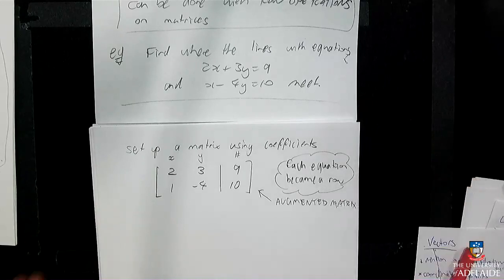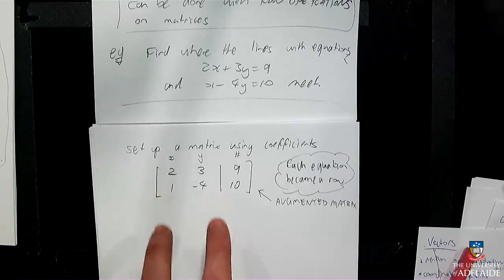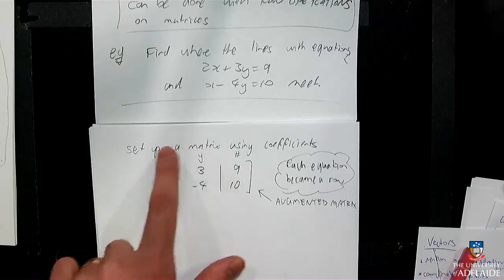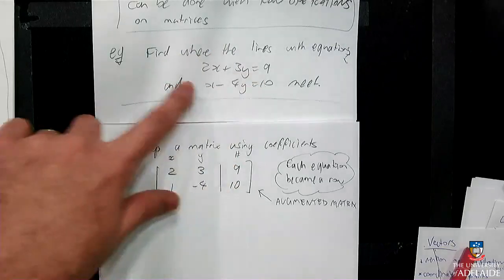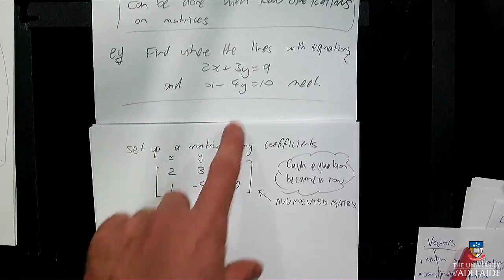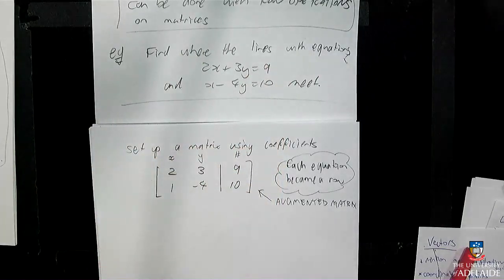The reason it's called augmented is that when matrices were first invented, the bit with the coefficients was the matrix, and then this was a separate extra bit that's been tacked on the end.